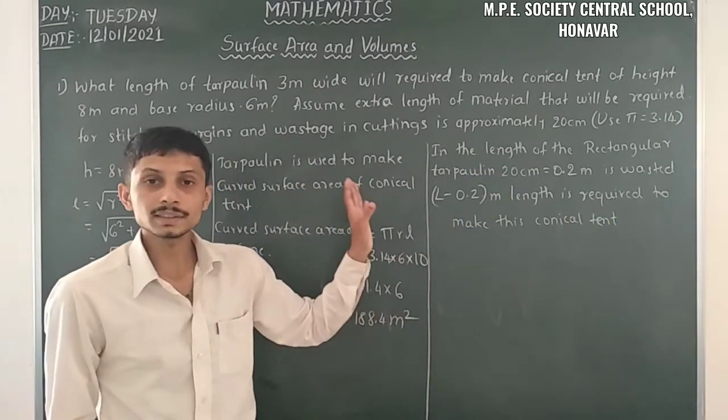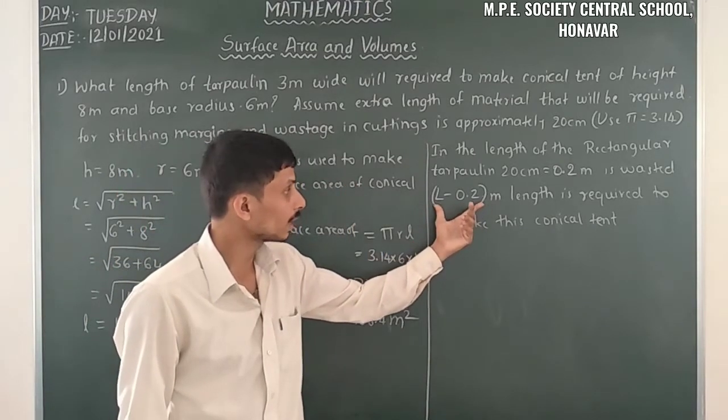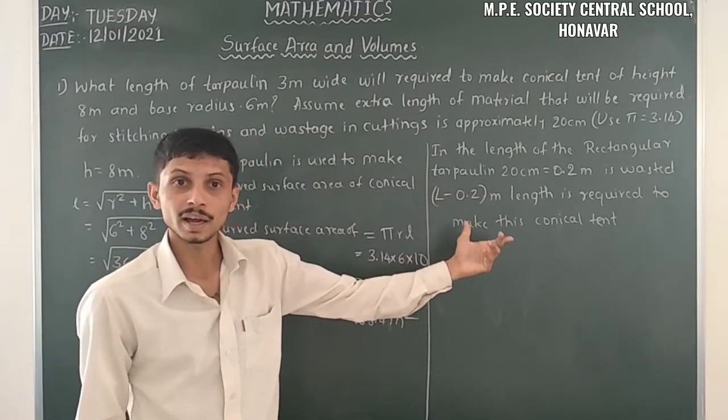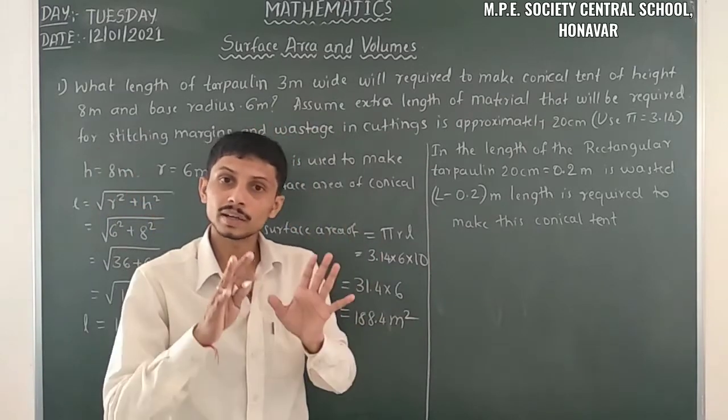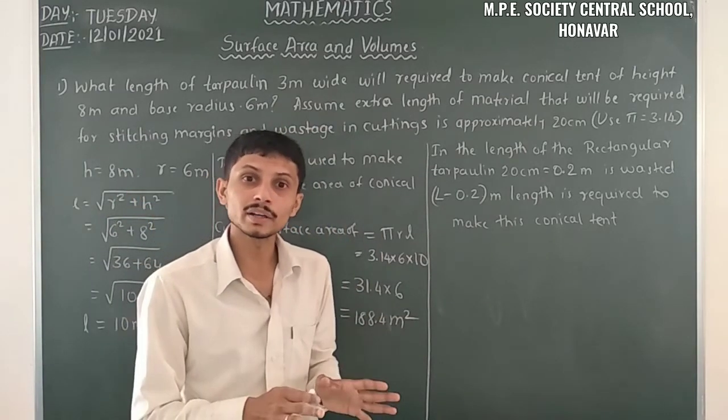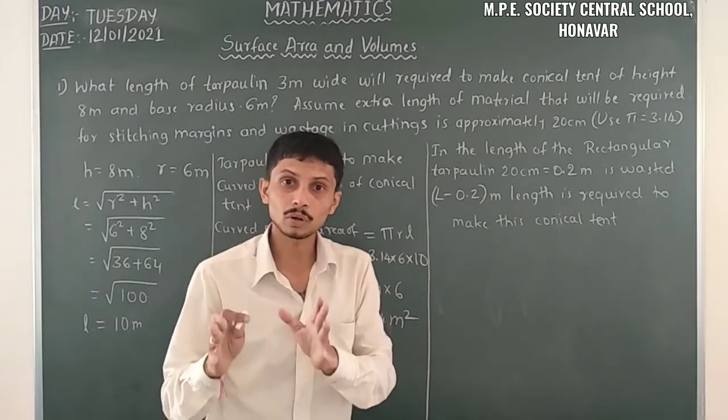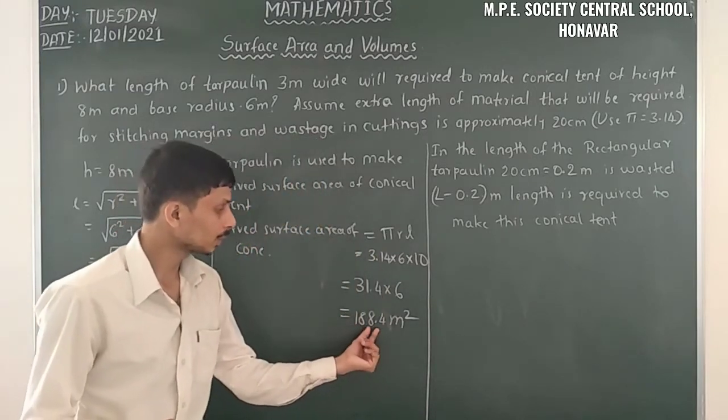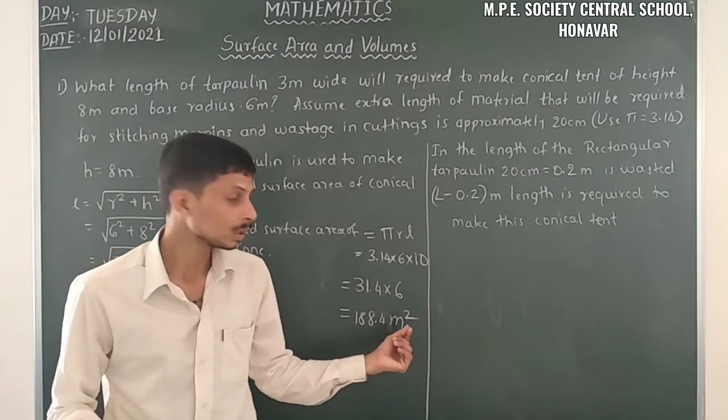Here we have L minus 0.2 meter length and 3 meter wide rectangular sheet required to make this conical tent of curved surface area 188.4 meter square.